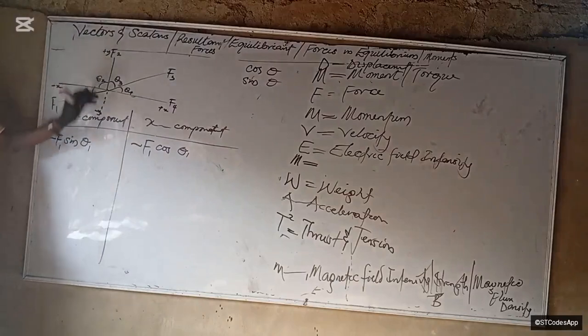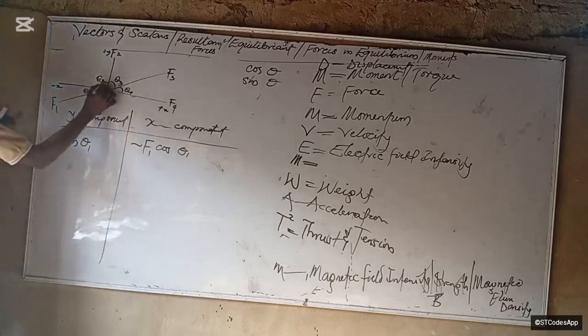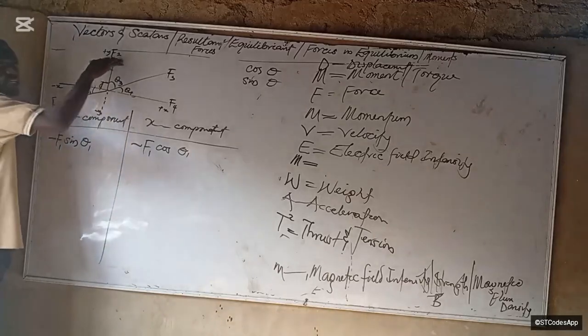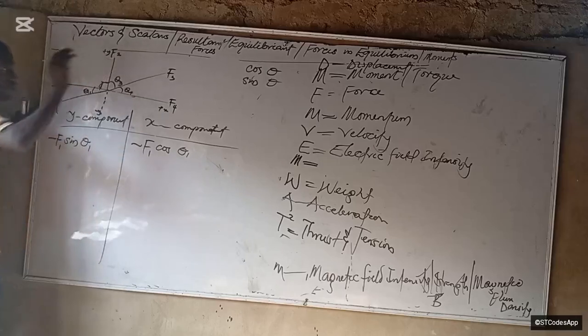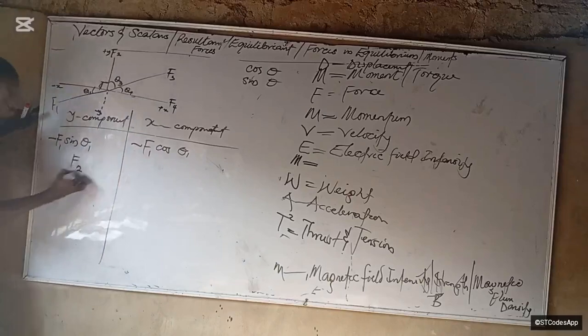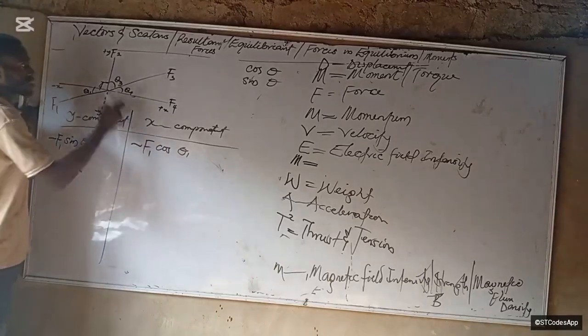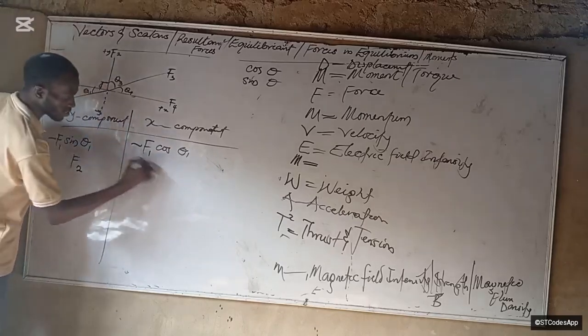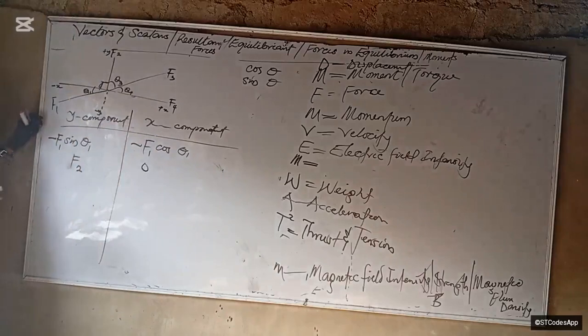For the next force, F2. F2 already is in the y component, right? Since F2 is in the y component, this is 90 degrees, so we don't need theta 2. So F2 is in the y direction. You just come under the y component and write F2. In the x component, is F2 in any x component? No, so we just write 0. It's simple.